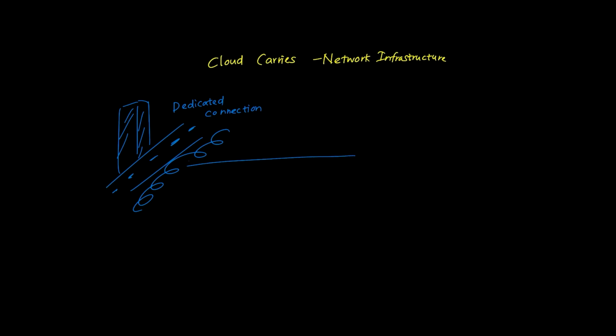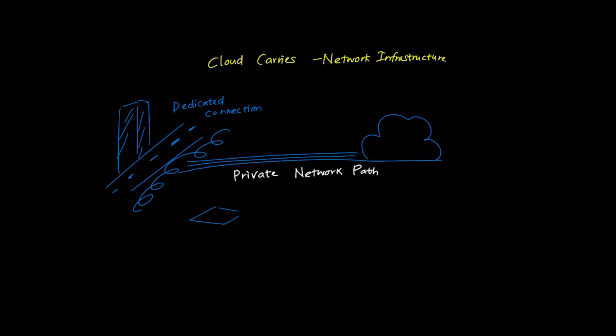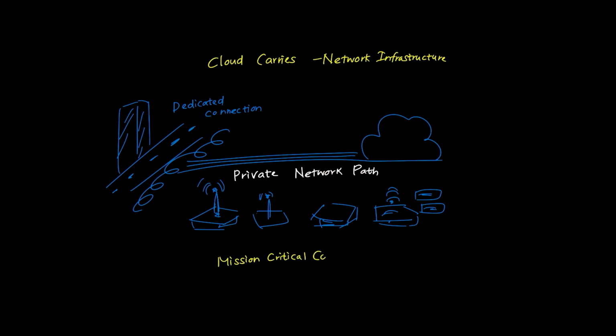These telecommunications companies provide the physical network infrastructure, the actual cables, routers, and network paths that create private, reliable connections between customer data centers and cloud providers. Think of them as building private toll roads directly to the cloud, bypassing the congested public internet highways. Cloud brokers facilitate service selection, providers offer computing services, and auditors assess security, but only cloud carriers provide the actual network infrastructure and dedicated connectivity that mission-critical applications require.